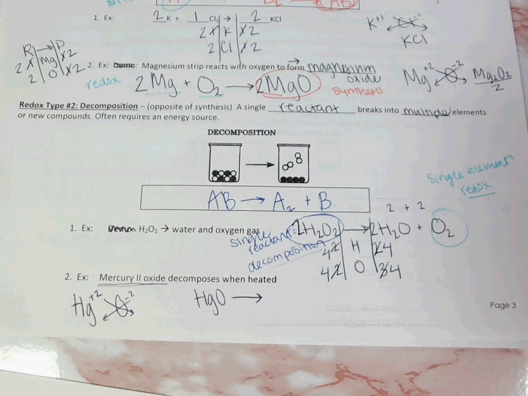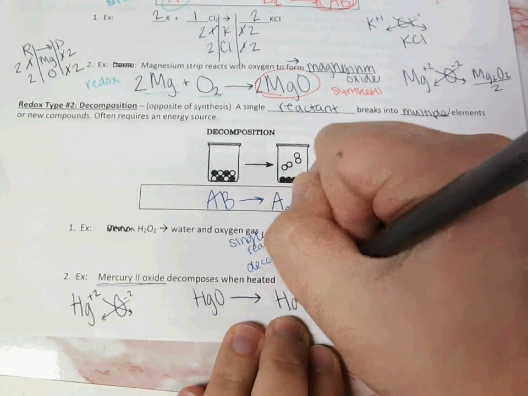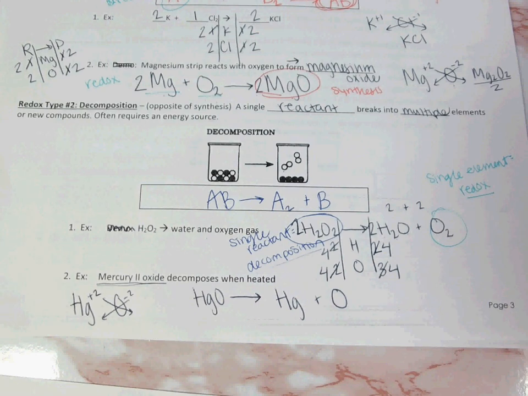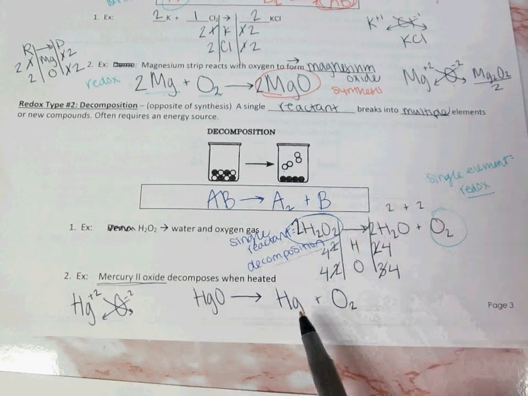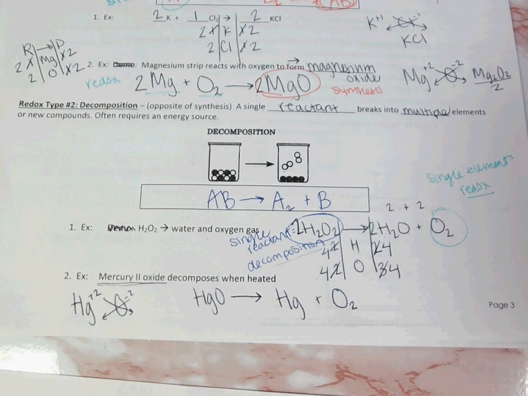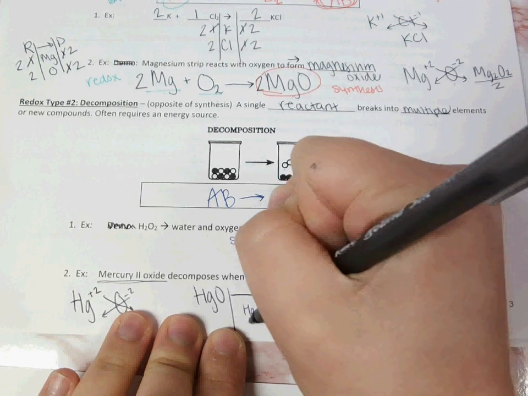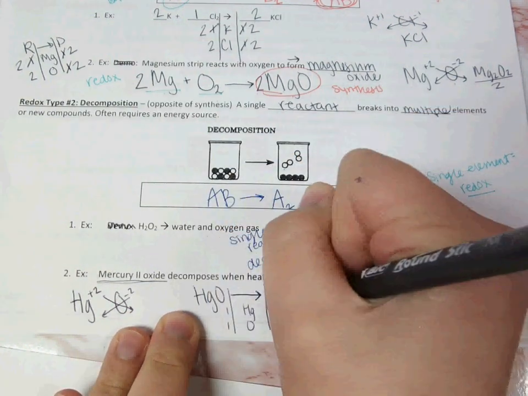It's going to produce what and what? Perfect. Mercury, which is Hg, plus oxygen, which is not just O, but O2 because it is diatomic. Why don't I put a 2 on Hg? Perfect. So underneath this, when I balance it, I would list Hg, O, I have 1 and 1, and then I have 1 and 2.